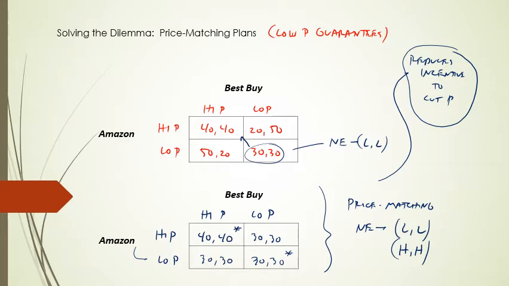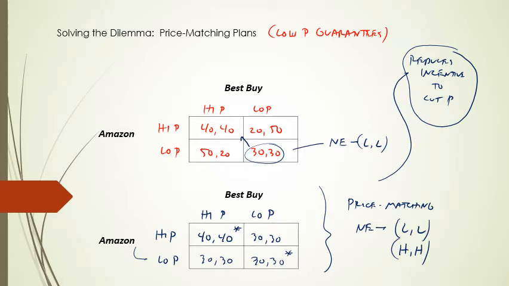In the bottom matrix, we have the same setup, only both firms are offering price matching plans. So Best Buy and Amazon can choose high prices and get 40 in profit. But if any of the firms go low, then essentially all firms go low. Imagine Amazon chooses a low price, okay?